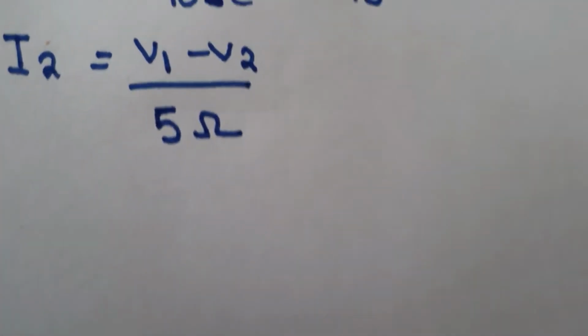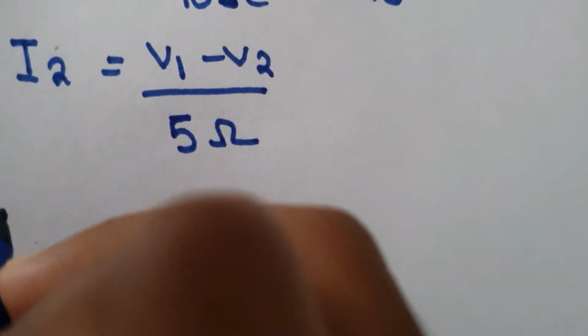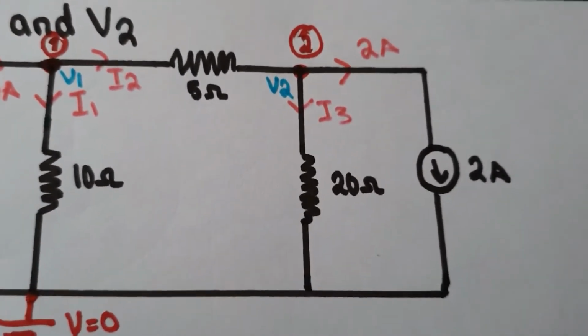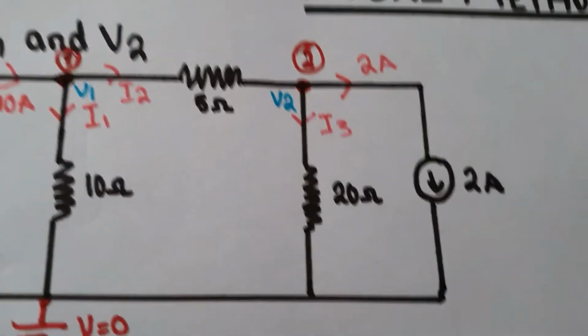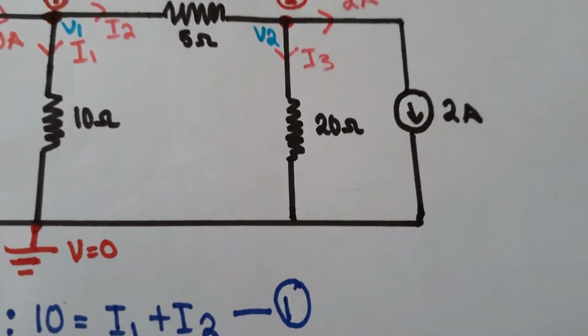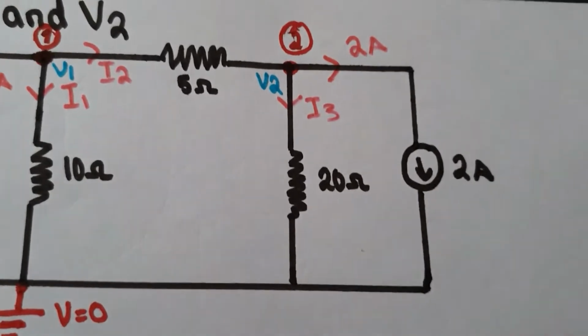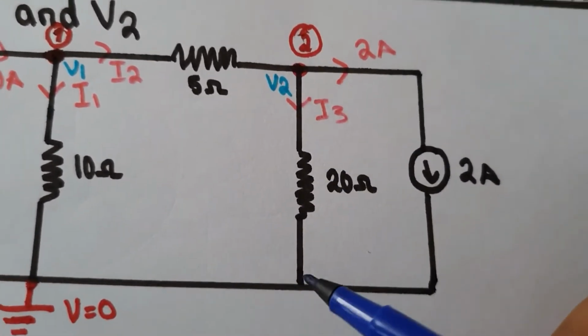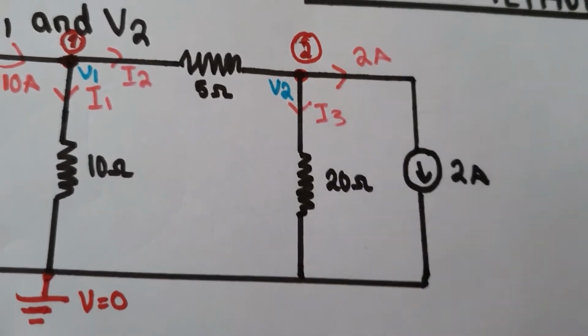Next we need to find I3. I3 is here. If you see, it's moving from V2 to here, which is 0.